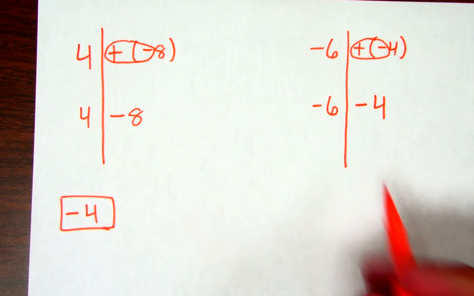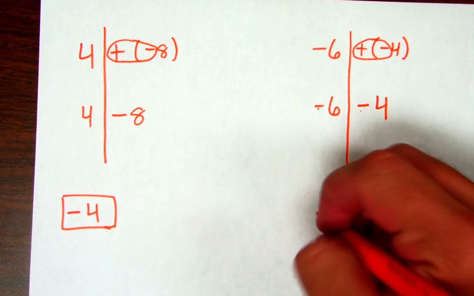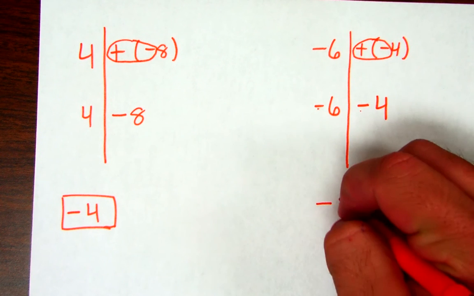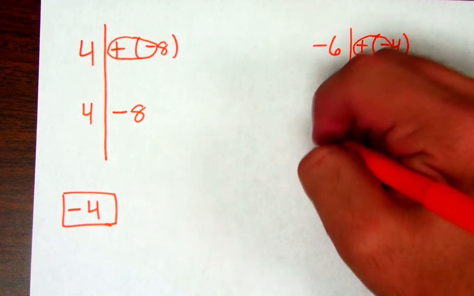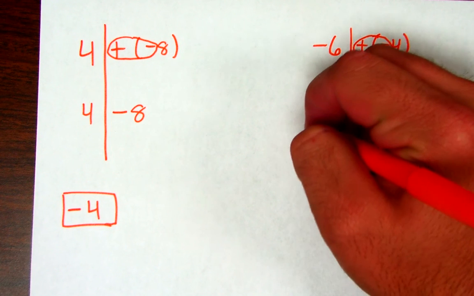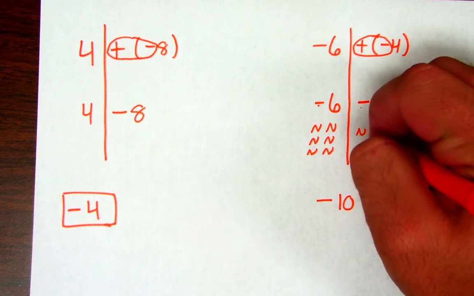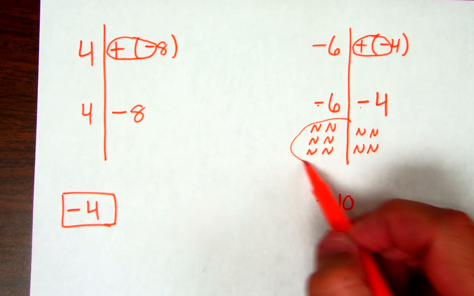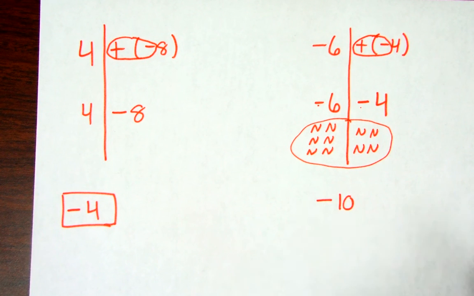So here's what happens. Since these signs are the same, you keep the sign and you add the numbers. If you want to see what it looks like visually, I have 6 students with negative attitudes, and I have 4 more students with negative attitudes. How many students do I have total with negative attitudes? I have 10 of them with a negative attitude.